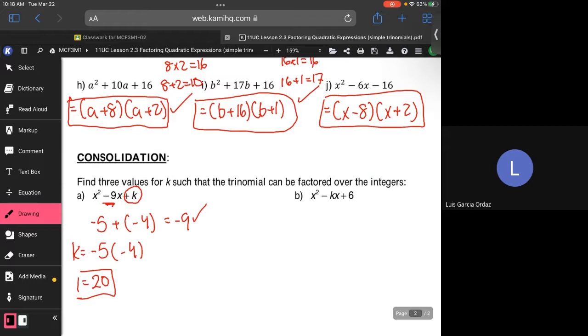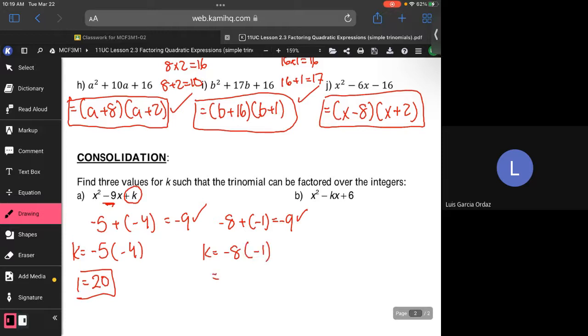There are other possibilities. What are other numbers that add up to -9? Olivia. -8 plus -1 gives me -9. Perfect. And now I can find my k, or my last number, by multiplying those two numbers together. So k can equal -8 times -1.